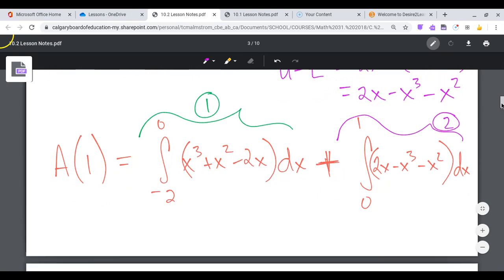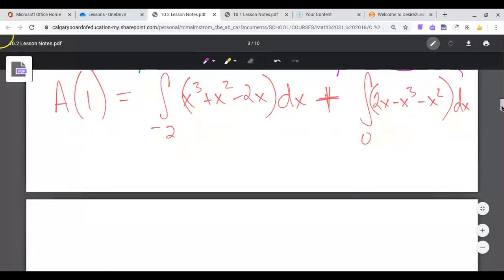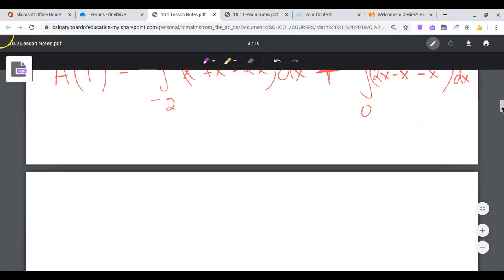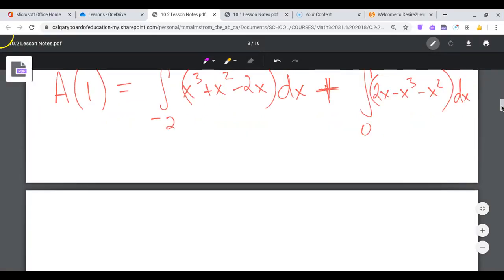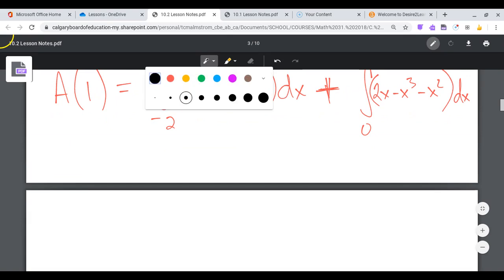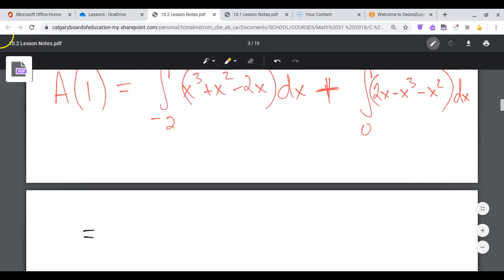We have to do it in 2 separate chunks. All right, I gave myself some extra room. Let's see if I can read this. So when we go to evaluate this, we get the antiderivative of x cubed is 1/4 x to the 4th plus the antiderivative of x squared, 1/3 x cubed, minus 2x squared on 2.